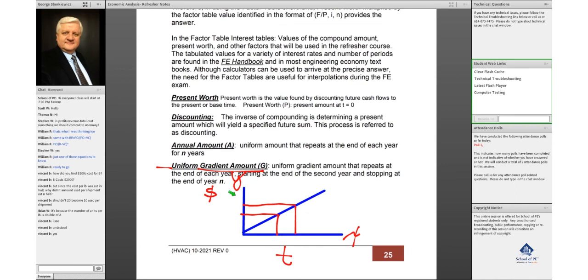So we have a gradient amount, and we'll be able to calculate what happens with it with the time feature associated with it. Here's your gradient. Once again, we're transferring all the learning you already have. In the Cartesian coordinate system, you know how to calculate the slope of a line. All of these are interpretive and brought to engineering economics. We're using the same mathematical principles as you use in general math.